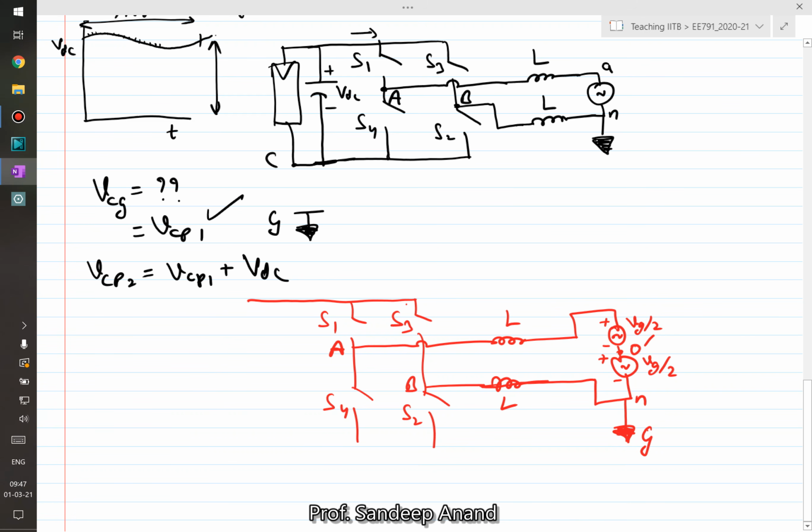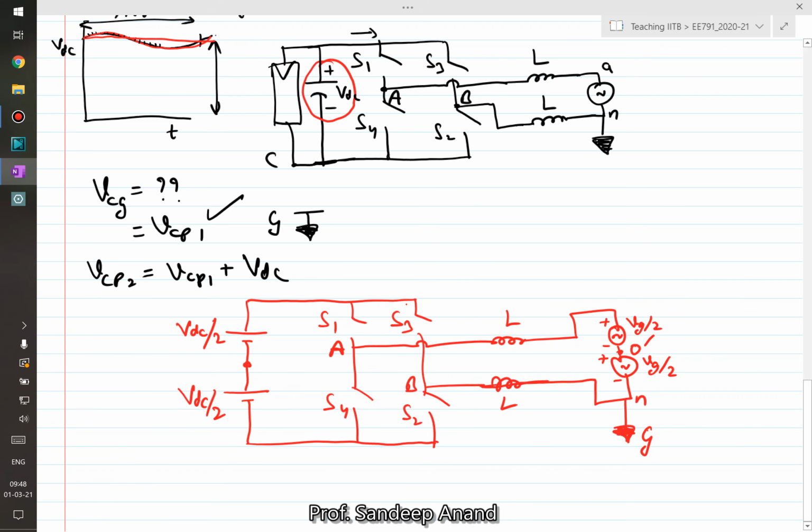On the DC side I'll do something similar. Instead of showing the total VDC, I will show it as a split of two, VDC by 2 and VDC by 2. Assuming the capacitors are large enough, these VDC by 2 are almost constant, as we have seen. The ripple is there but it's very small. You can assume it to be constant, or with a very low 100 Hertz ripple.